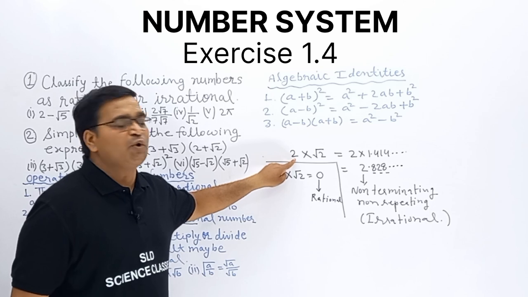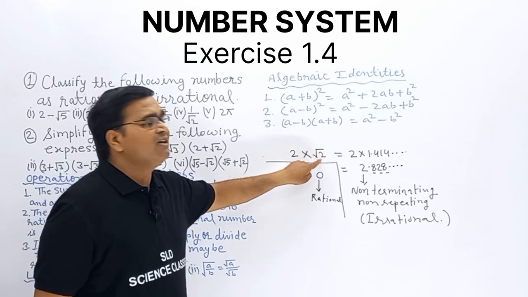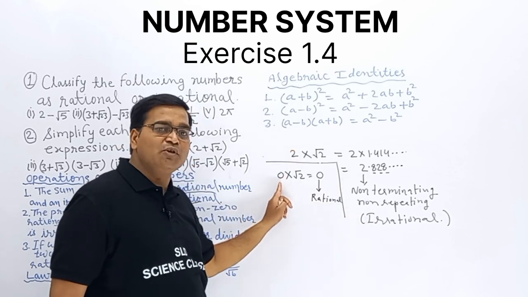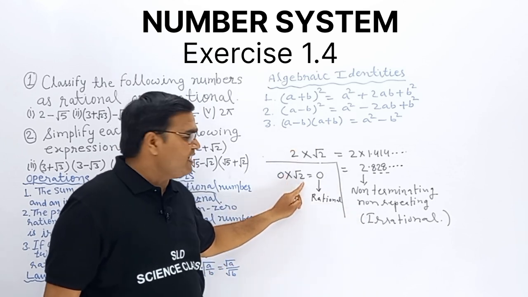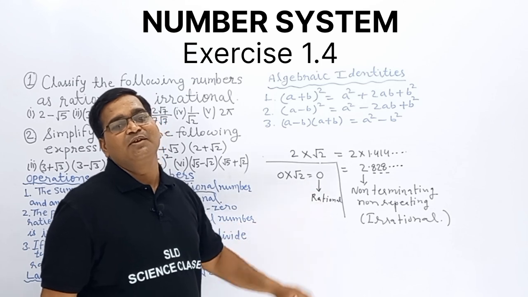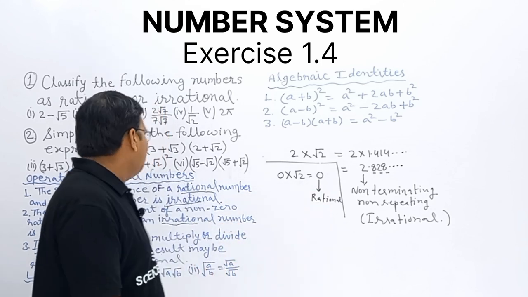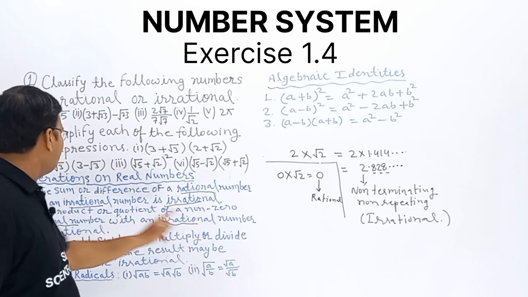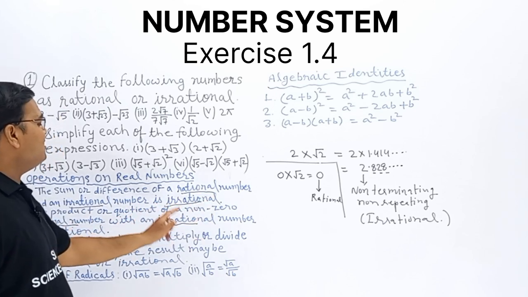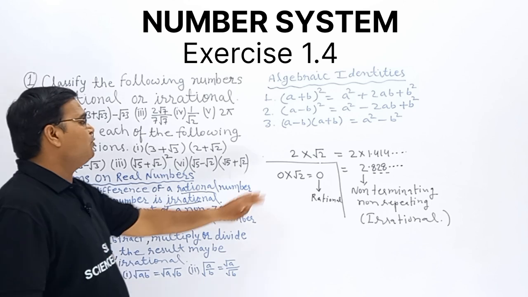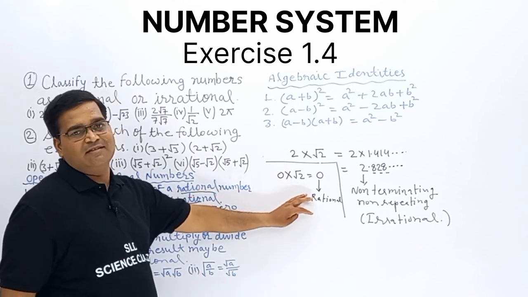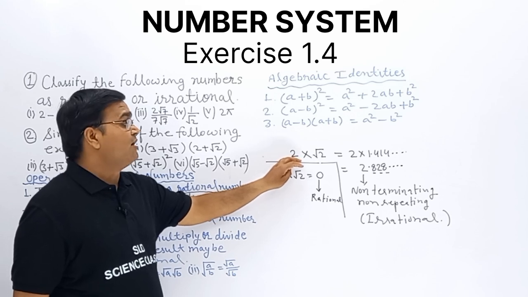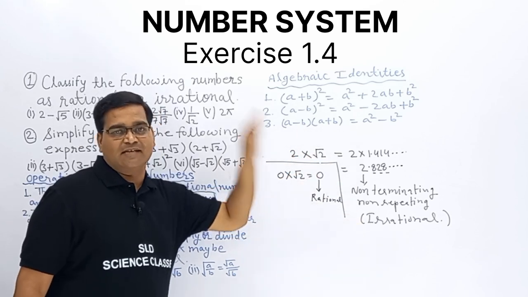The product of a non-zero rational number with an irrational number, result is irrational. But once we take 0 and an irrational, result is rational. So in this sentence we are using the product or quotient of a non-zero rational number with an irrational number. Non-zero, we cannot use 0. If we use 0, we get rational. So a non-zero rational number with an irrational, result will be irrational.